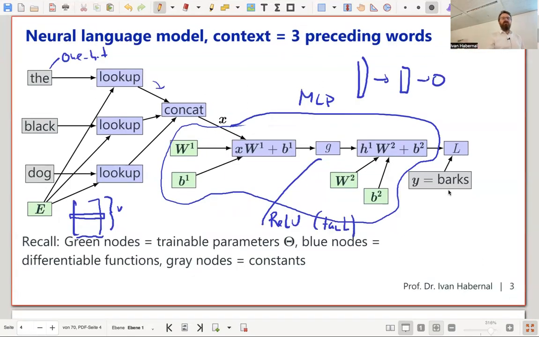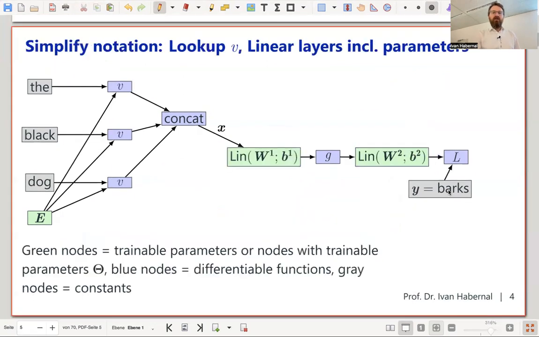So this is what we had so far, and we're going to simplify it for the sake of saving some space. What I'm going to do is replace the lookup with the operation, and just call it V. So it's shorter and smaller on the picture. This is the lookup operation, we call it V now. Concatenation remains the same, and I packed everything.